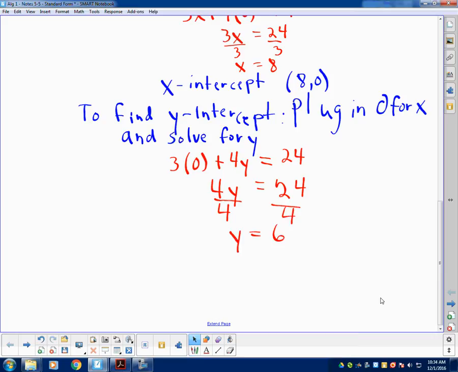And so my y-intercept would be the coordinate 0, 6.